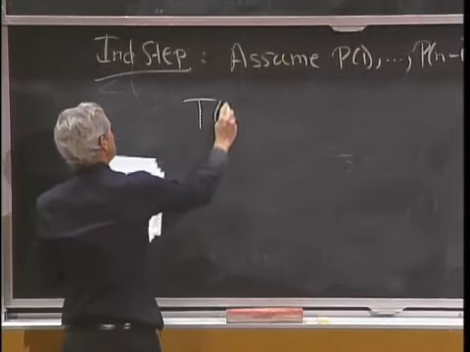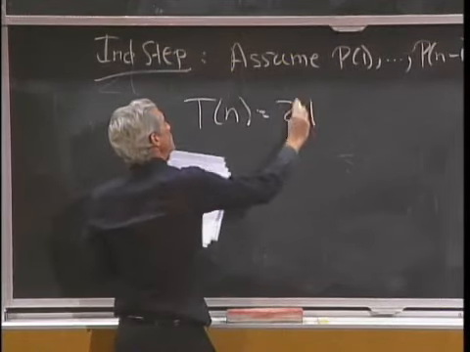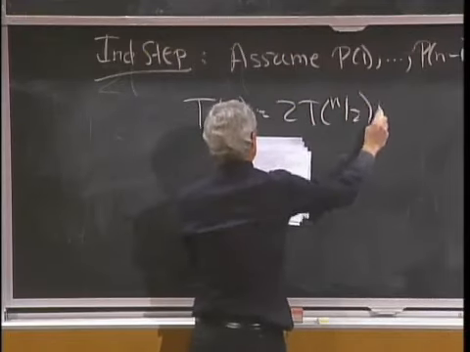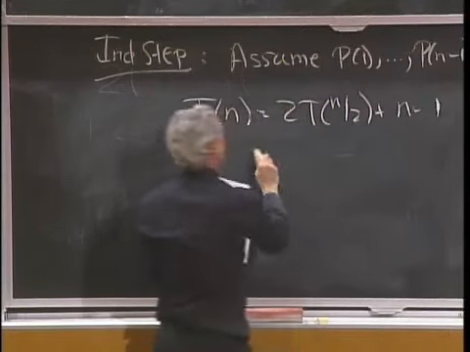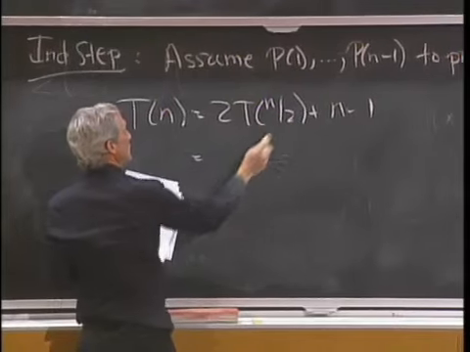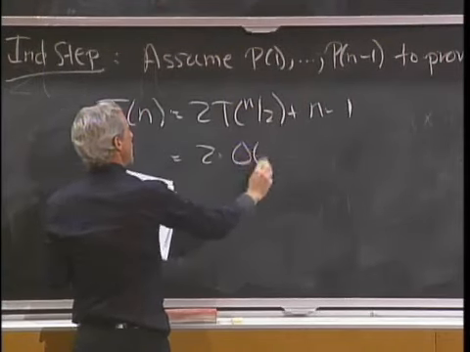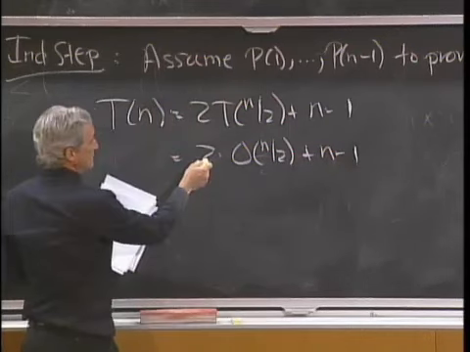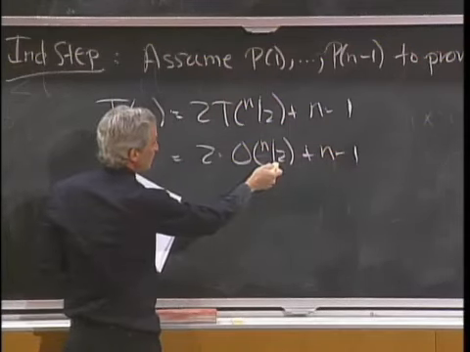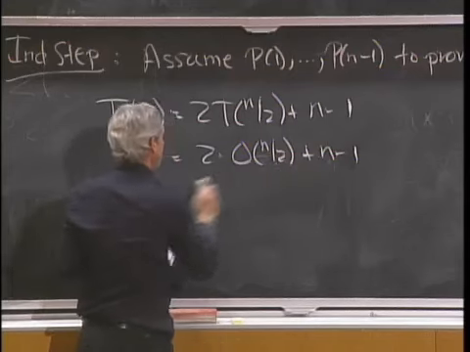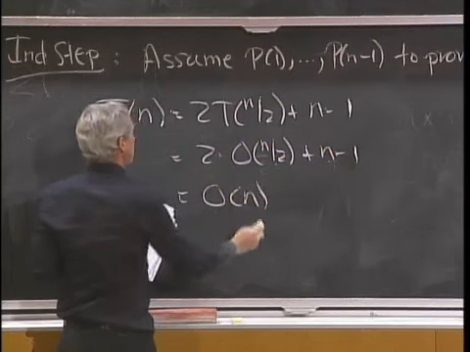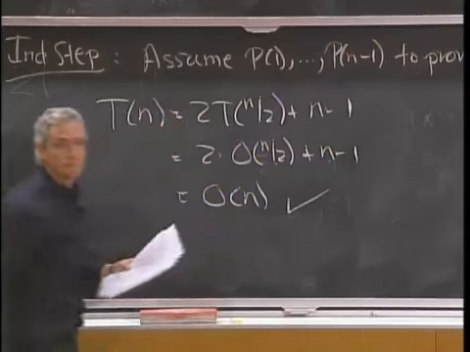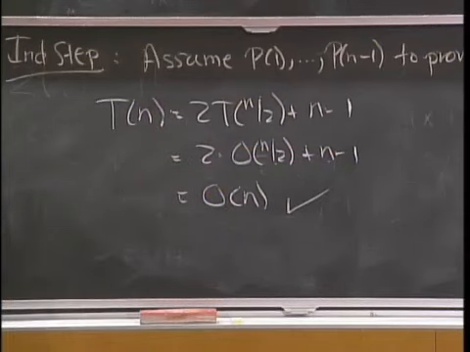So T of n is 2 T of n over 2 plus n minus 1. Induction hypothesis on n over 2 says this is 2 times O of n over 2 plus n minus 1. Twice O of n over 2 is O of n, plus n is O of n. This is O of n, and I'm done. I just proved that T of n is O of n.